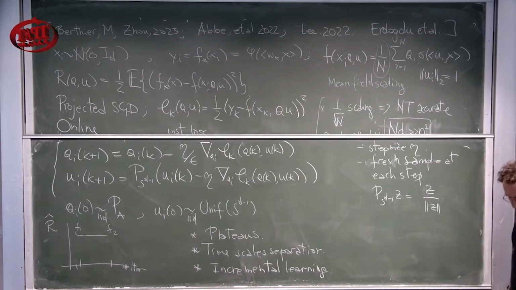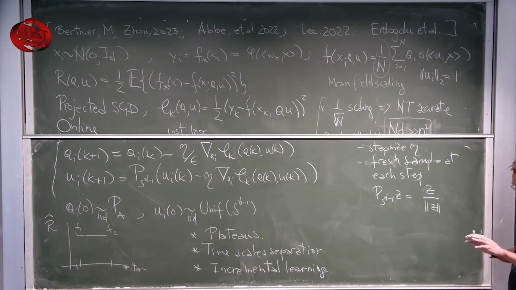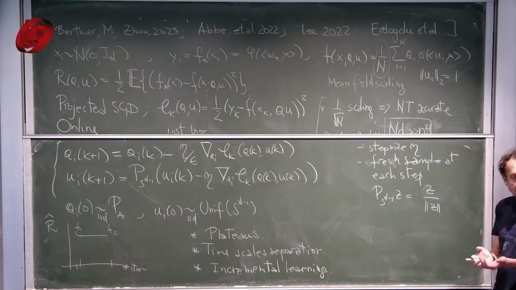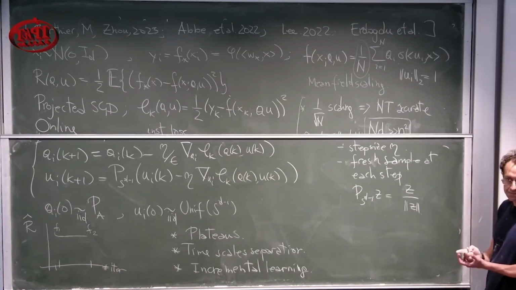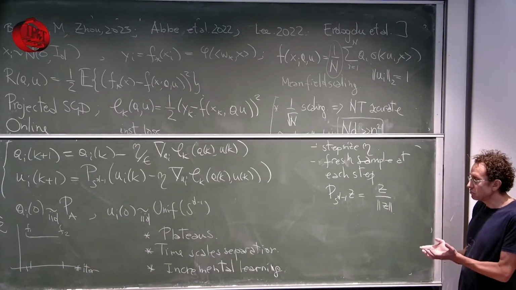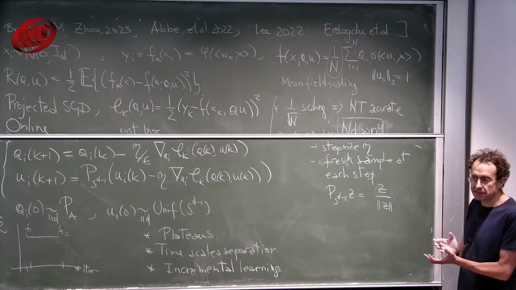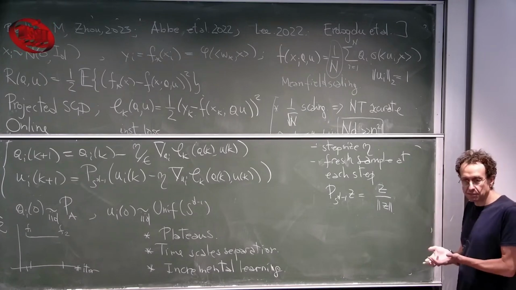Now, intuitively, so perhaps let me give you an intuitive picture. What you want to understand is the following. At initialization, the u_i are uniform on the sphere. And since we are in high dimension, it means that they are basically orthogonal to w star. And so this means that at the initialization, you cannot approximate any function that depends on u star unless you have exponential in the dimension.